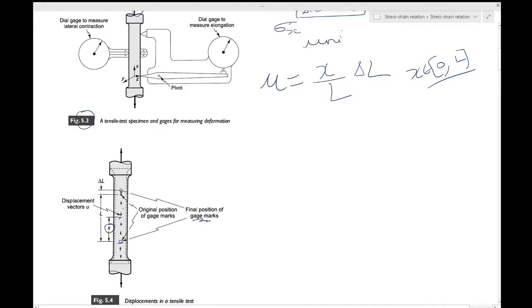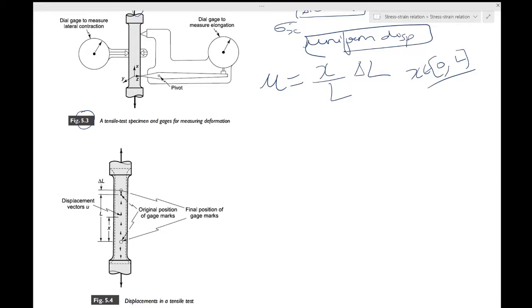Uniform displacement. What does uniform displacement mean? The displacement at this point and this point and this point will all be of the same type. It's not a non-uniform displacement. We have already gone through uniform and non-uniform. Remember, there was this rubber cylinder which was pushed from both sides in a uniform and a non-uniform way. So we are coming with the same idea.